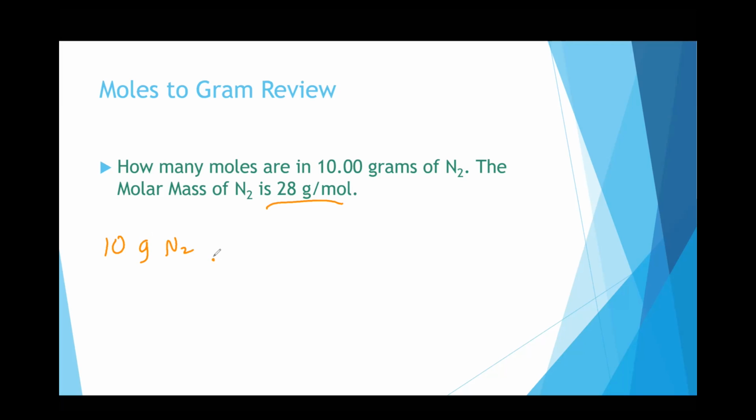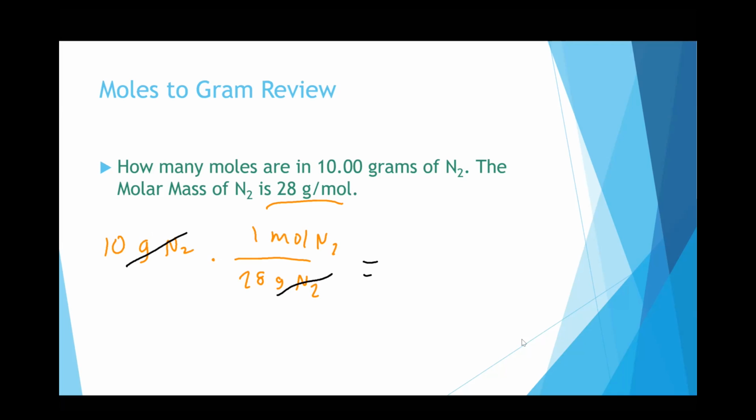But do we want the 28 grams on the top or the bottom? Since we want to cancel out grams, we want the 28 grams N2 to be on the bottom, so we could cancel it out, and 1 mole of N2 on the top. So since we're multiplying, the grams of N2 cancels out with the grams of N2.